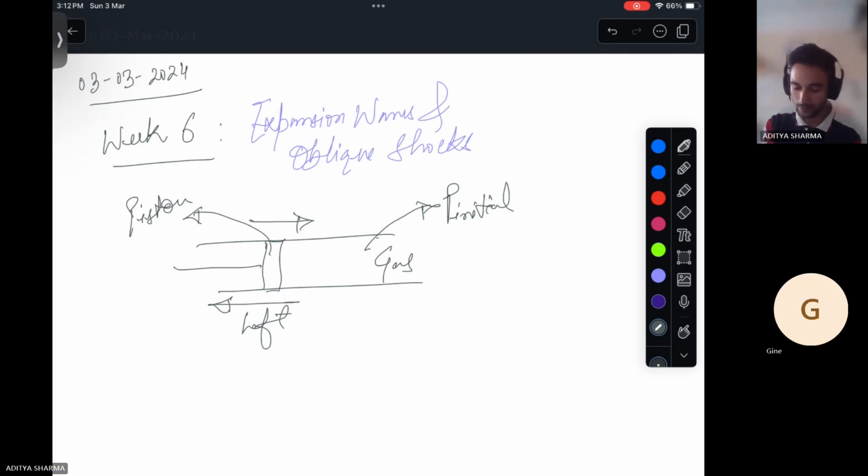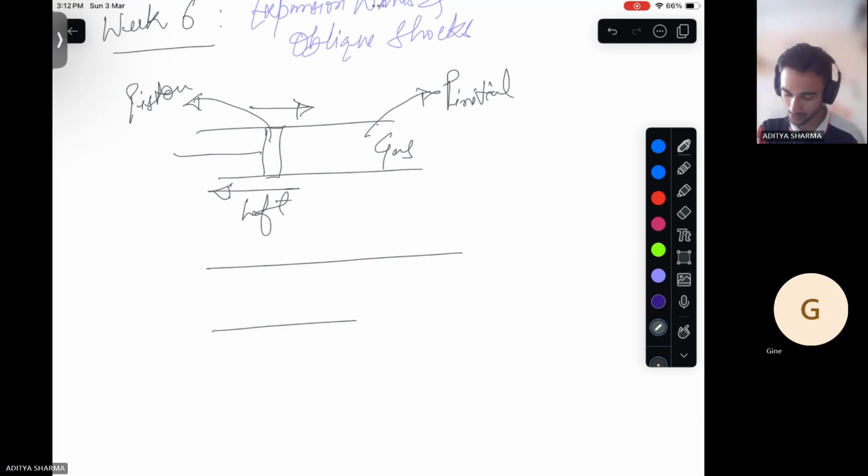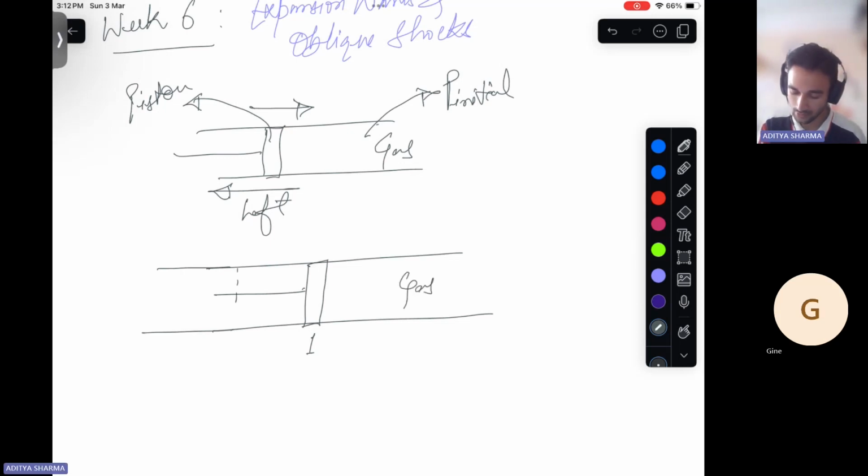But then, for example, let us say this is the initial position of the piston. Then we moved it to the left, and this is the second position of the piston.